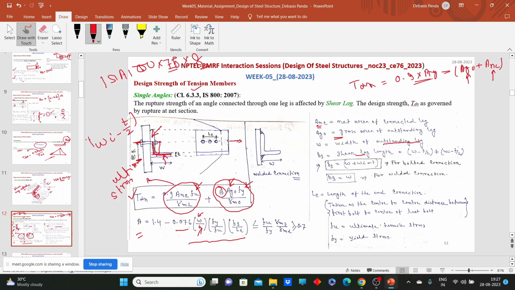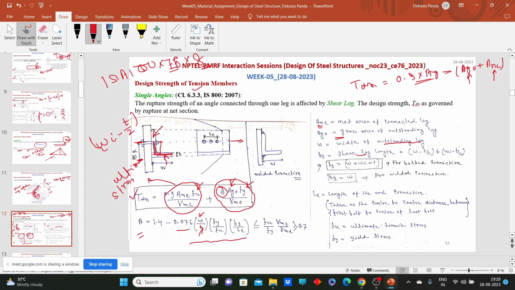Now I need to go from there to this center, so plus the width of the outstanding leg, w minus t by 2. If we simplify this equation, we get w plus w1 minus t. So in the code, the bs value is written as w plus w1 minus t.